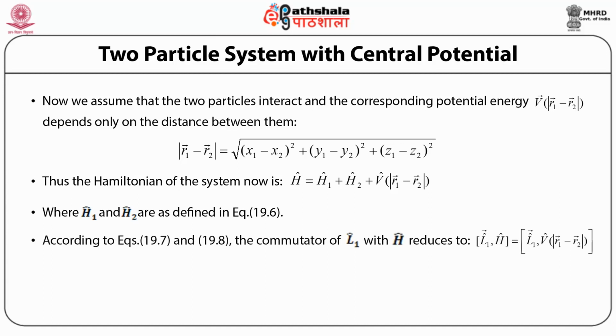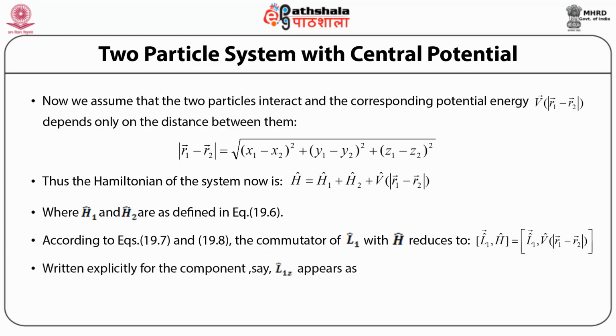According to equations 7 and 8, the commutator of operator L1 with operator H reduces to the commutator of L1 with the potential energy operator V, which is a function of R1 minus R2.